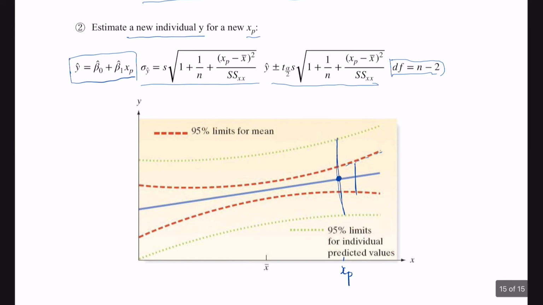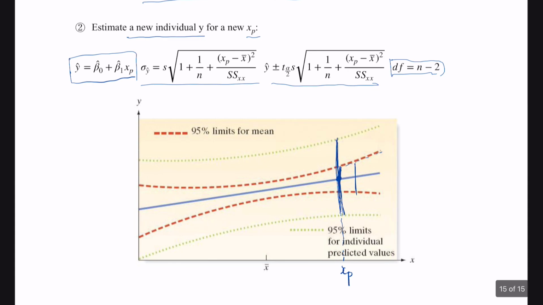The point here is what I can predict from the line I calculate. And this range represents, in 95% of all the possible scenarios, where the expected value of y will lie. And this range represents, for 95% of all the scenarios, the individual y. This is the range for individual y.